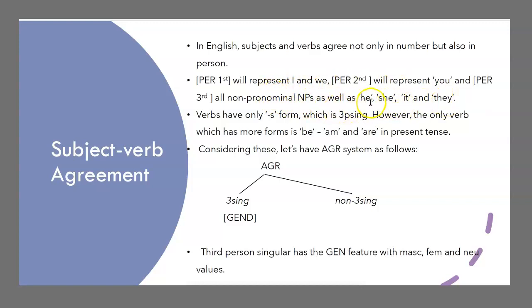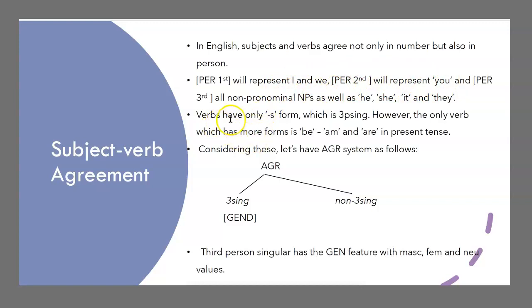That is, your third person pronouns he, she, it, and they, and also all non-pronominal entities are covered under third person. So person's value can be either first, second, or third. First represents your first person pronouns I and we. Second person pronouns represent singular you and plural you. Right? That's about the pronouns.